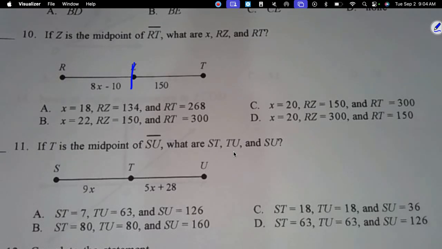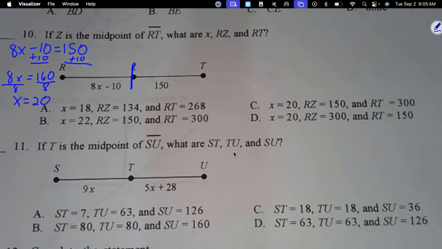They're equal. So I would write 8x minus 10 equals 150. And now my problem looks just like Algebra 1. How do I solve for x? Add 10. So we get 8x equals 160. Then what? You divide by 8. And x is 20.